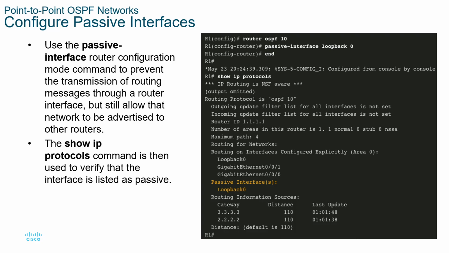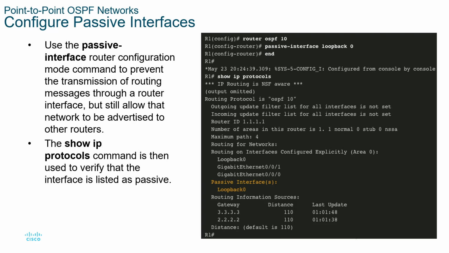Now the routers that are running OSPF do a similar thing. Every once in a while they send a message to each other. This is called the hello timer. The hello timer for OSPF in broadcast networks and non-broadcast networks is 10 seconds. In point-to-point links, they are antisocial, so they don't talk to each other that often.